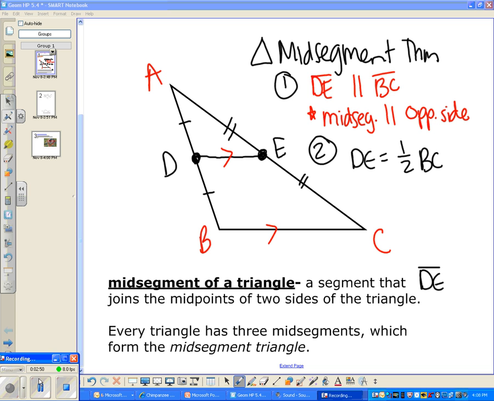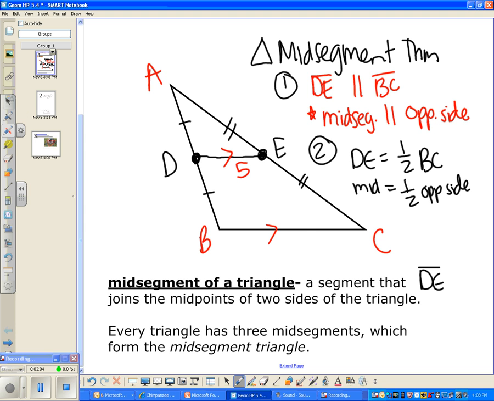Now notice I dropped my line segment bars because I'm talking about numbers, how long DE is compared to BC. So the midsegment always equals half of the opposite side. Let's say, for example, that this side length is 5. That means this side length would have to be 10. So pretty cool. Those are the two cool things that happen. I'm going to erase some of these.